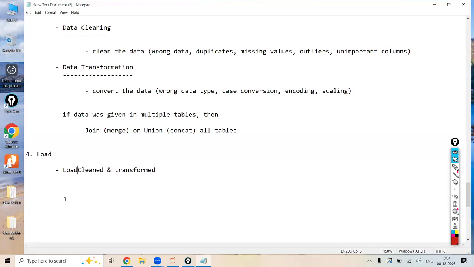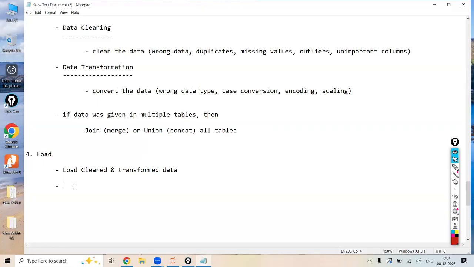Load the cleaned and transformed data, and from now you start doing ML or DL or AI or whatever. Even the data analyst does everything up to here. Whether you are a data analyst, ML engineer, or AI engineer, whoever works with structured data, up to here is common.